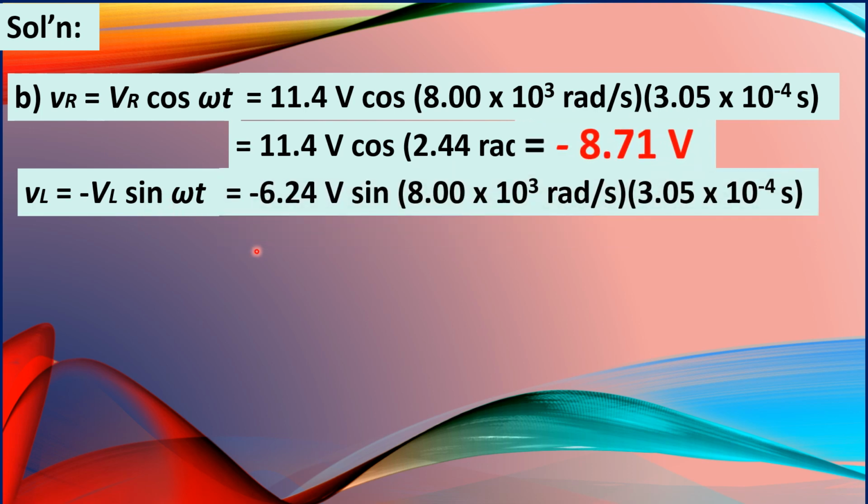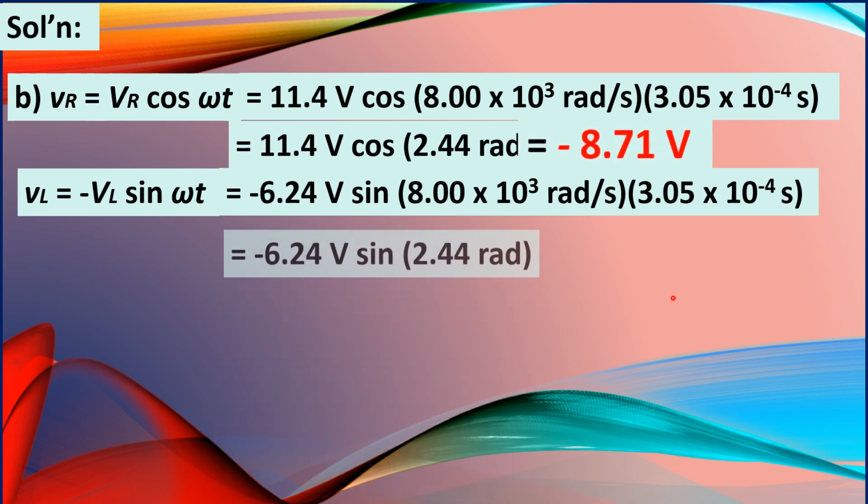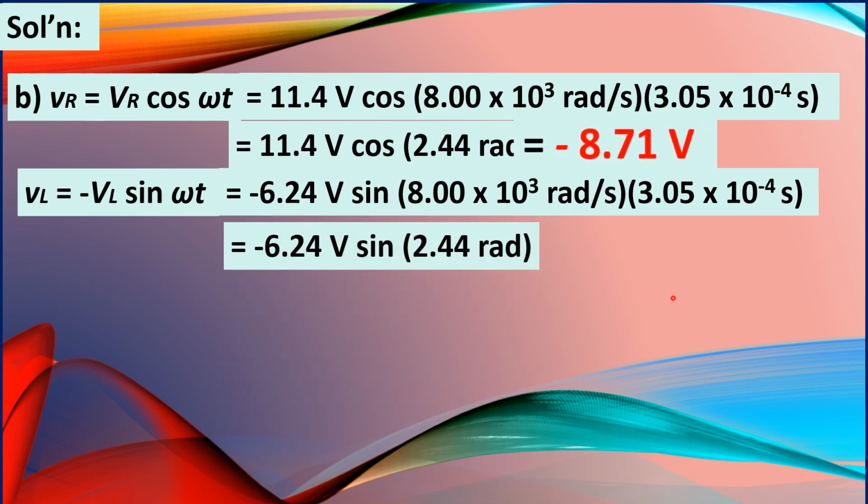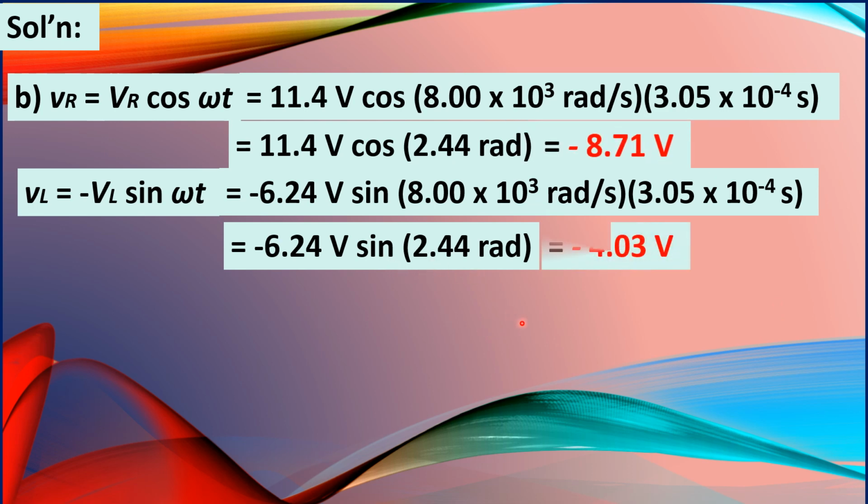Substituting negative 6.24 volts times sine of the angle 8.00 times 10 to the third radian per second to be multiplied by the given time 3.05 times 10 to the negative 4 seconds. Simplifying, we get negative 6.24 volts multiplied with the sine of the angle 2.44 radian, which is in fact equal to negative 4.03 volts.